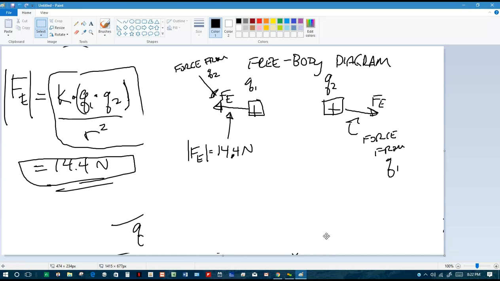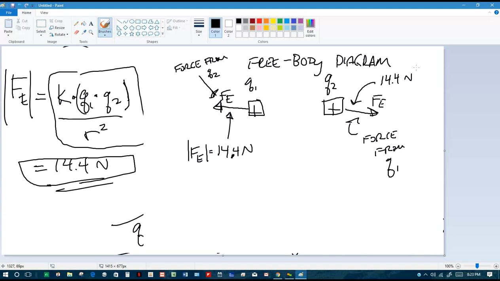Now if we go over to the guy on the right, what's the magnitude of that vector? You got it. Does one of Newton's laws state that those have to be equal and opposite in direction? It's the third.